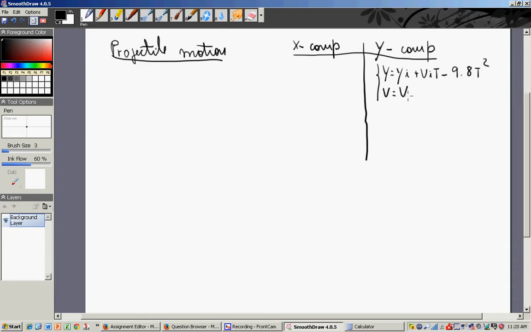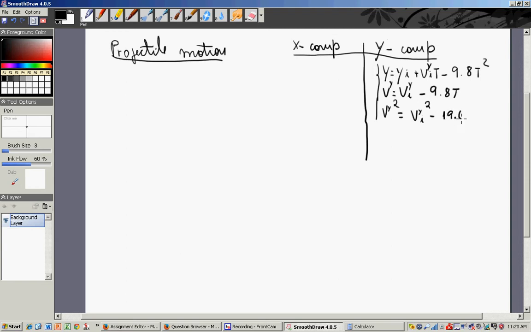So you have three sets of equations. Y is equal to y initial plus v initial t minus 4.9 t squared. The velocity at any given time is the initial velocity in y, because we are in the y component, minus 9.8 t.